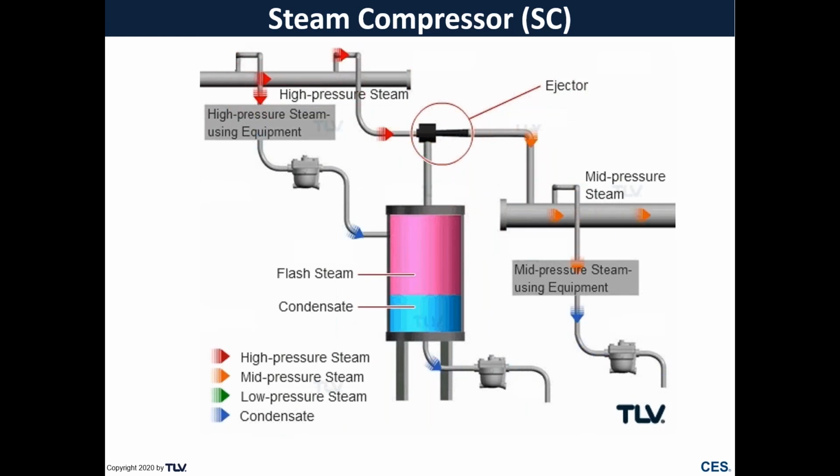Alternatively, if we install a steam ejector or a steam compressor, we can use high pressure steam to suck the low pressure steam up and mix the flows, resulting in a medium pressure usable steam. So that low pressure steam that was once being lost to atmosphere can now be maintained in the system and used in our medium pressure steam header. That's energy kept in the system, which results in dollars saved.